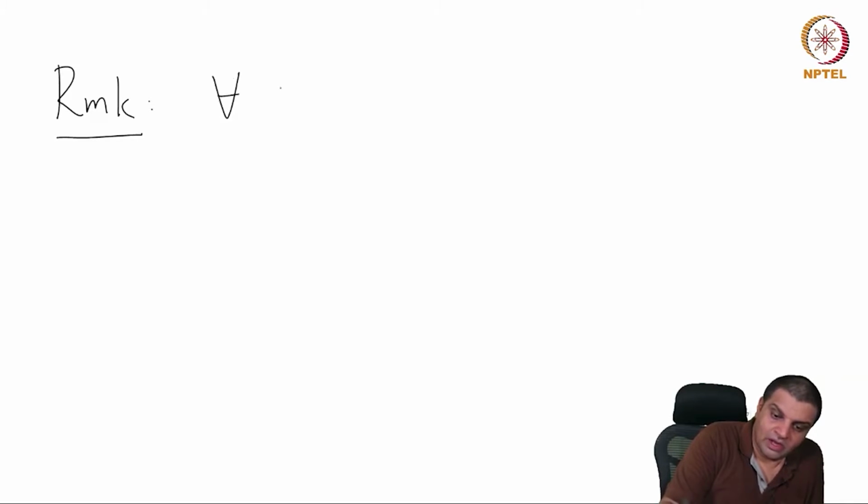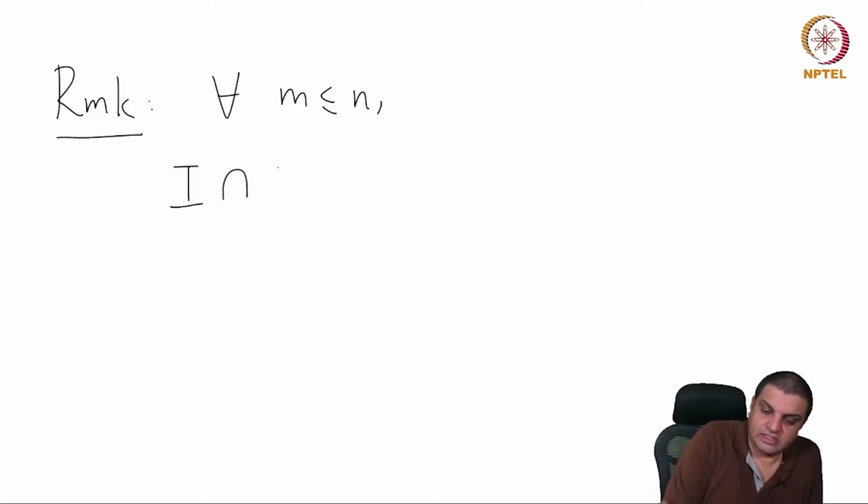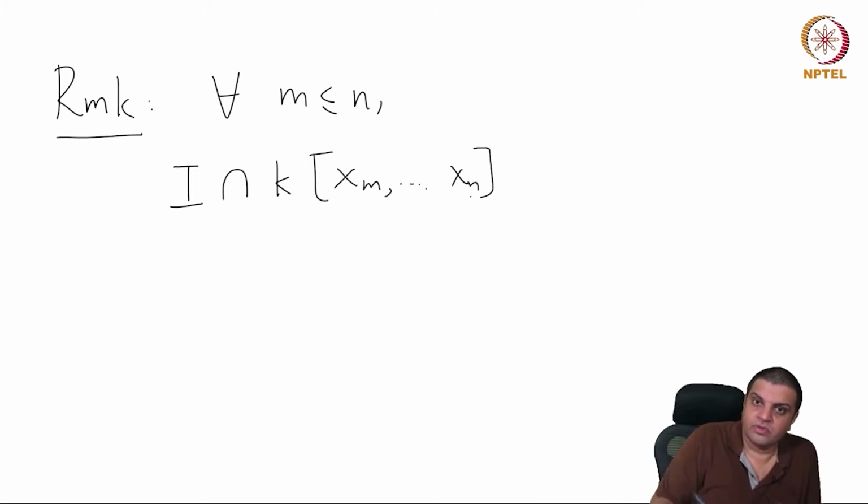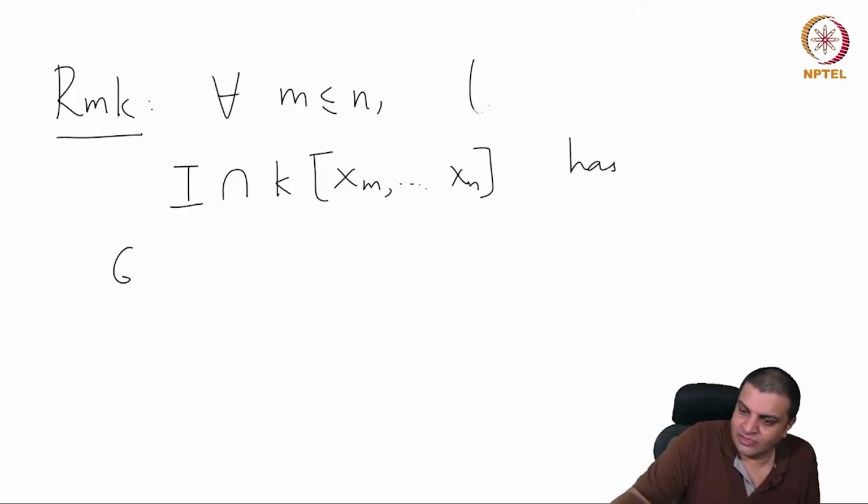Remark: for all m less than or equal to n, I contracted to the polynomial ring k[xm, ..., xn] has Gröbner basis G intersect k[xm through xn]. This is with notation as in the theorem, with G as in the theorem.